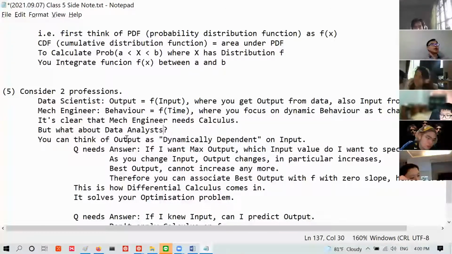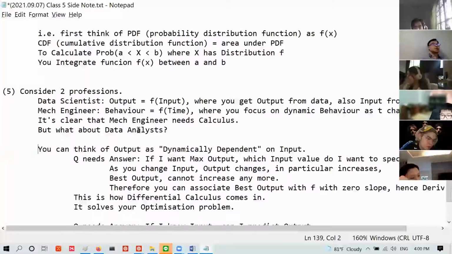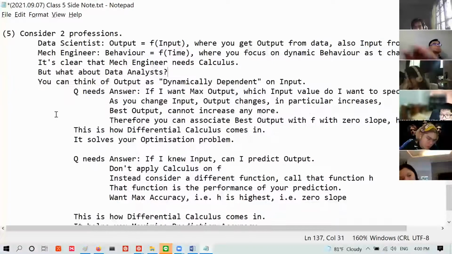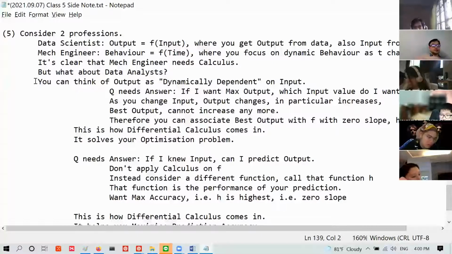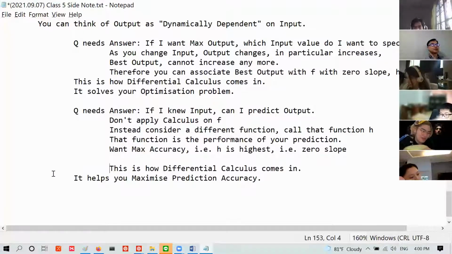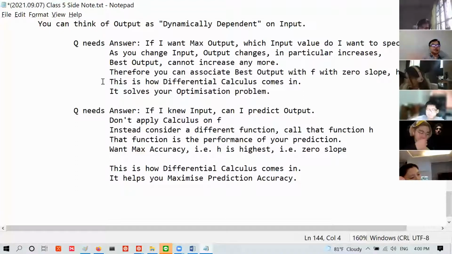You can think of two problems. This is how calculus comes in. It helps you maximize.